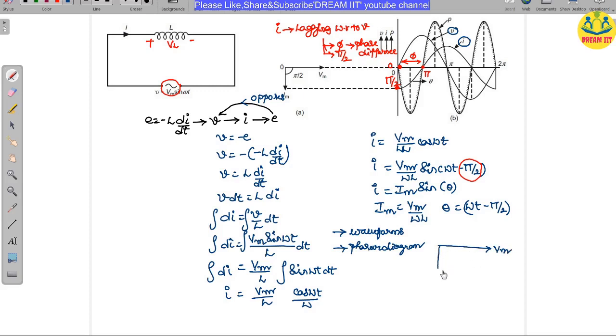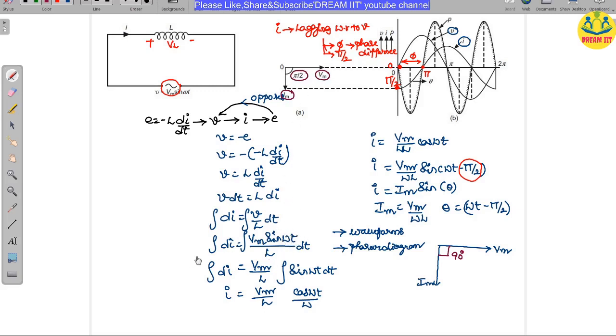By how much angle is the current lagging? By 90 degrees. So that is what I have shown here: Vm here and Im here. How much angle is it lagging? By pi by 2. That is the phasor diagram.